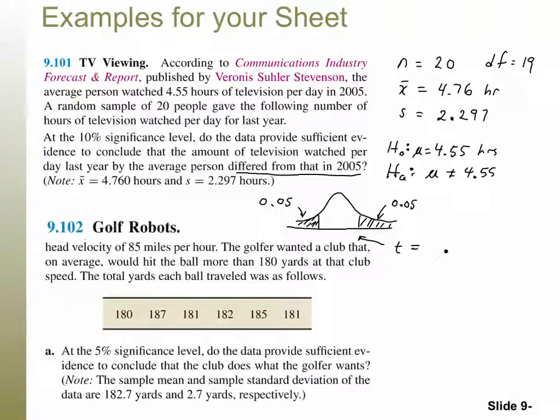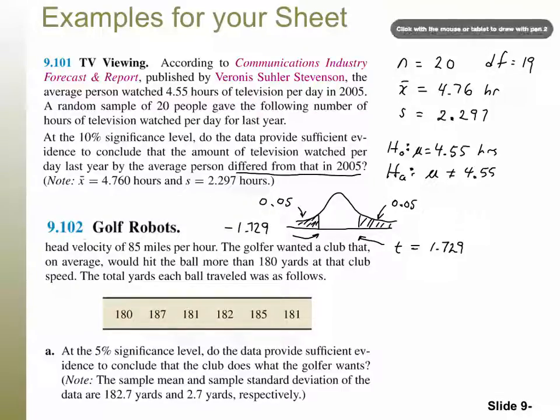She got 1.729. Second that. Awesome. And so then, because it's a two-tailed test, we're also going to need this one, which is negative. That's easy.